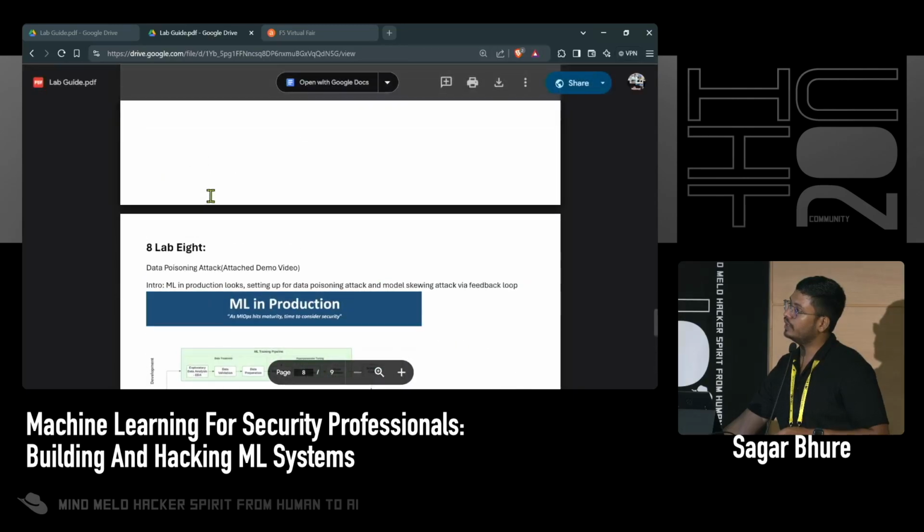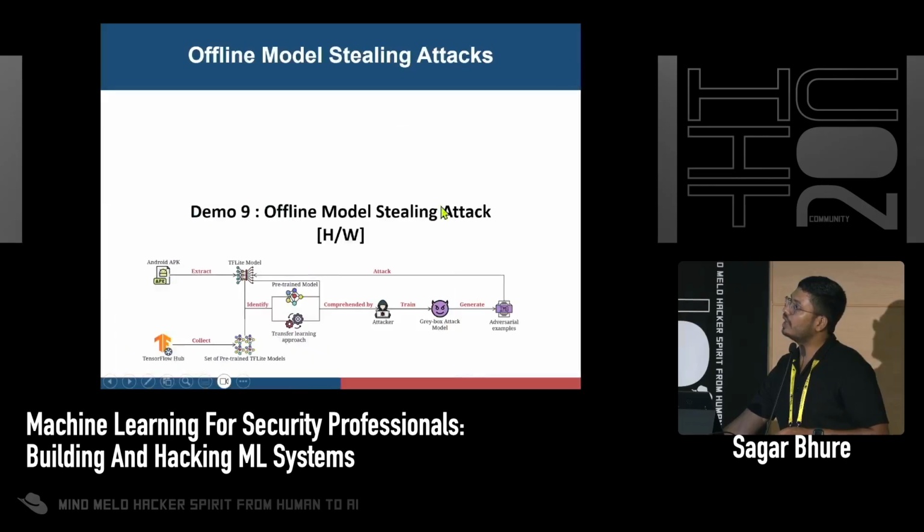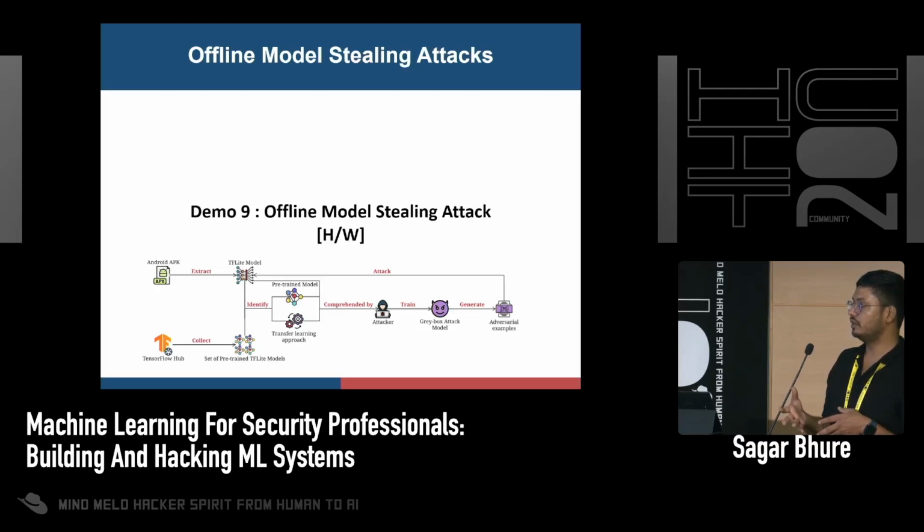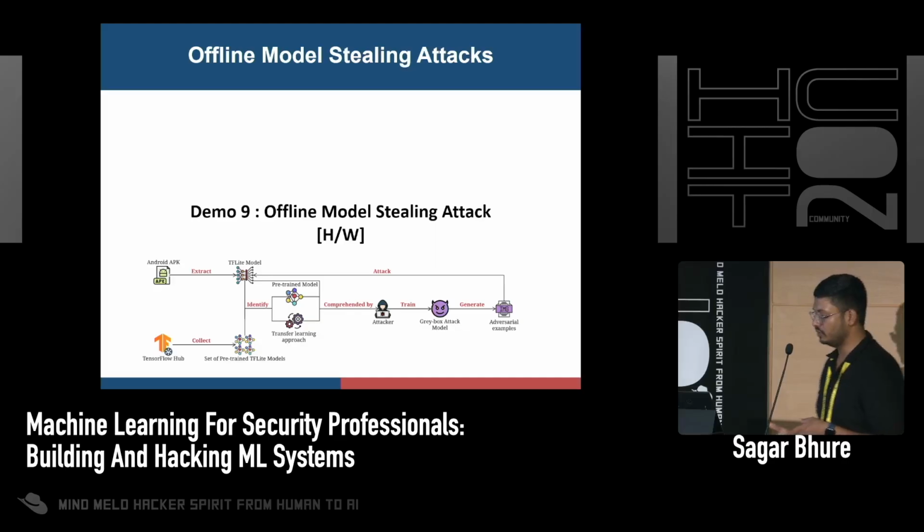Okay, so this is lab 8. Lab 9, on the device, will have the offline model stealing attack as a folder, where it has an SDK app with a model file where you can run an offline model attack. Just like an application SDK, you have a lot of Java code. An offline model stealing attack will have a model file alongside, which will be deployed with that application and that Java code.